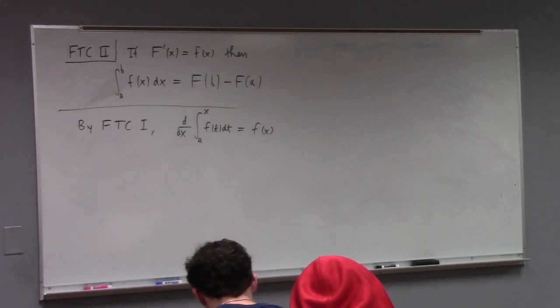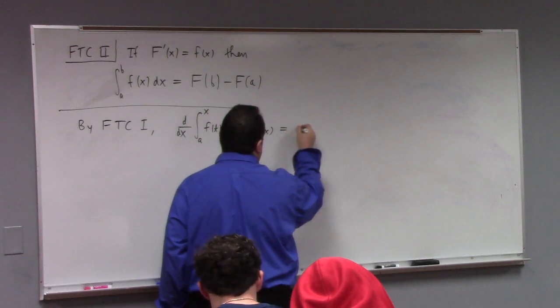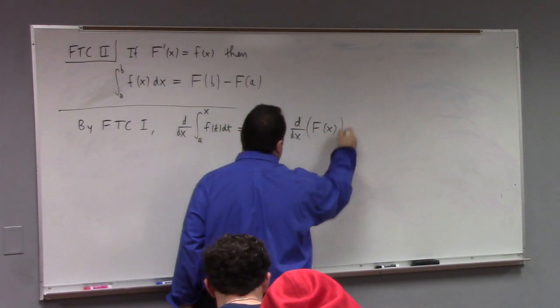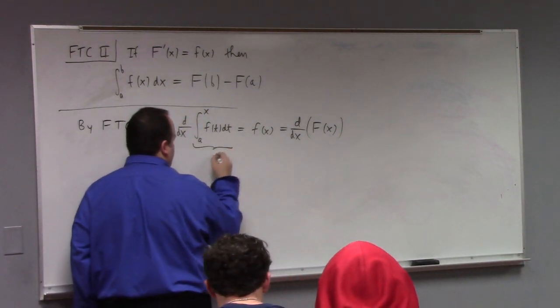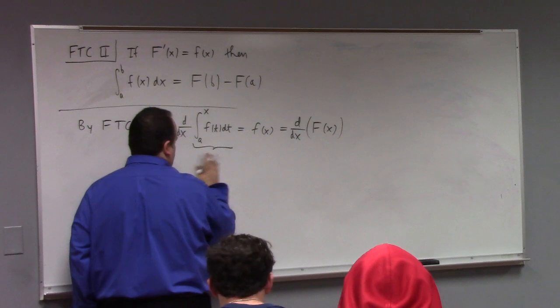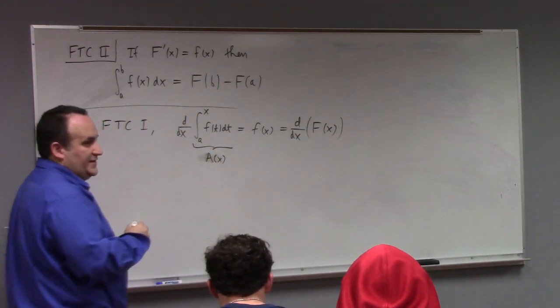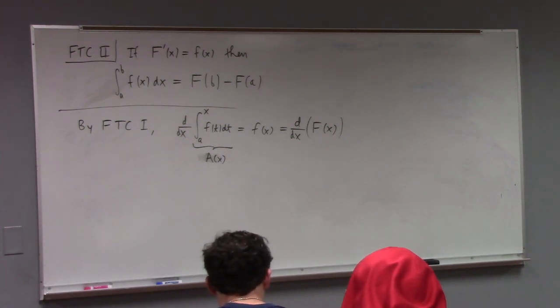But what else do we know here? We know that this is equal to d/dx of big F of x, right? So I can call this thing, just to give it a different label, A of x, the area function. So I have the area function defined by the integral, and the antiderivative, which I'm just assuming exists at the start of the theorem, and they both differentiate to the same function.